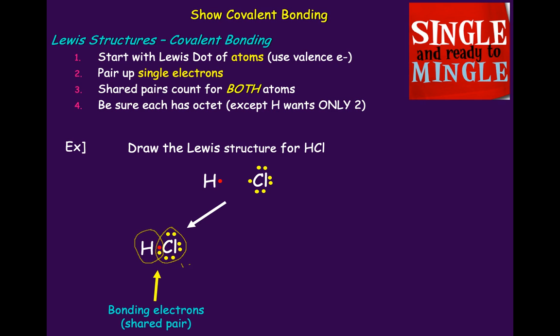So now the chlorine has 8 valence electrons by overlapping, and the hydrogen has 2 valence electrons overlapping, and that would be a correctly drawn dot structure. Again, you don't have to have those circles around them. It's just to show you that that's a shared pair. There's another way you can do this. This is really method number 1, and there's another way to show this.